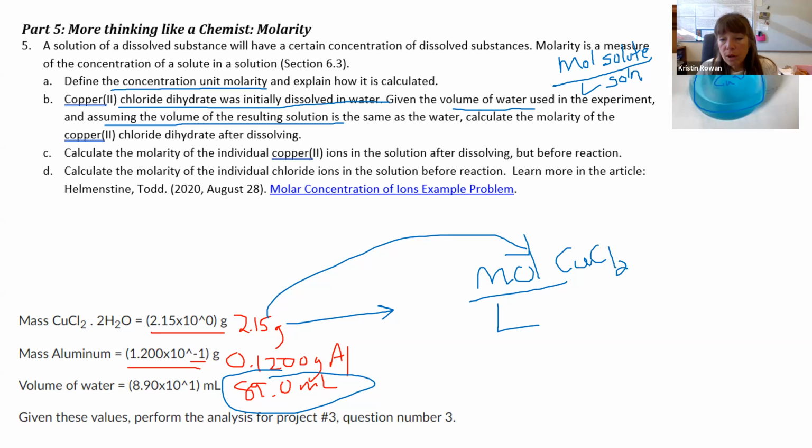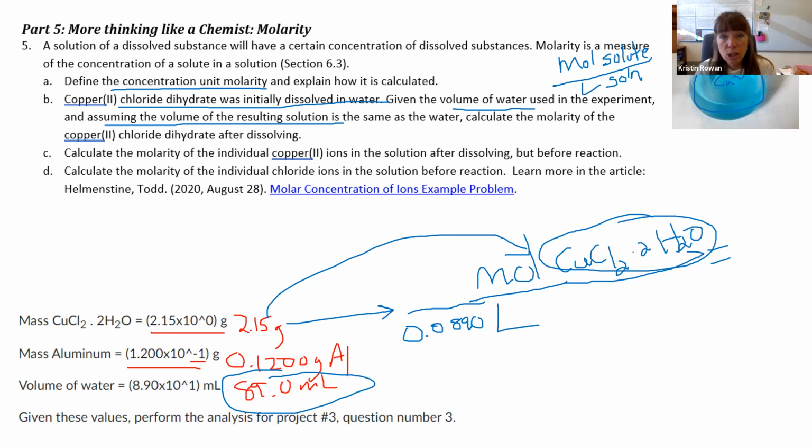Copper(II) chloride dihydrate. Okay, so that's the moles, and I know how many grams I put in there. I just convert to moles, and I divide it by my 0.089 liters. That'll give me the molarity of this guy that's in solution, including the waters. You know, we can look at them or we can ignore them, but they're still there.